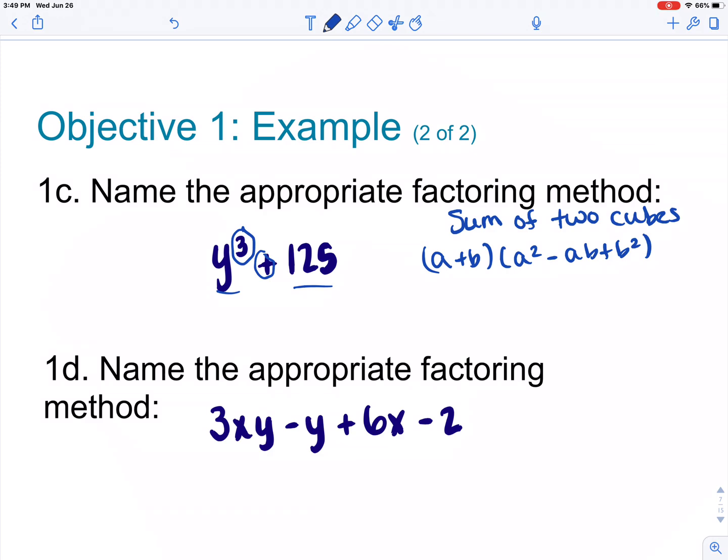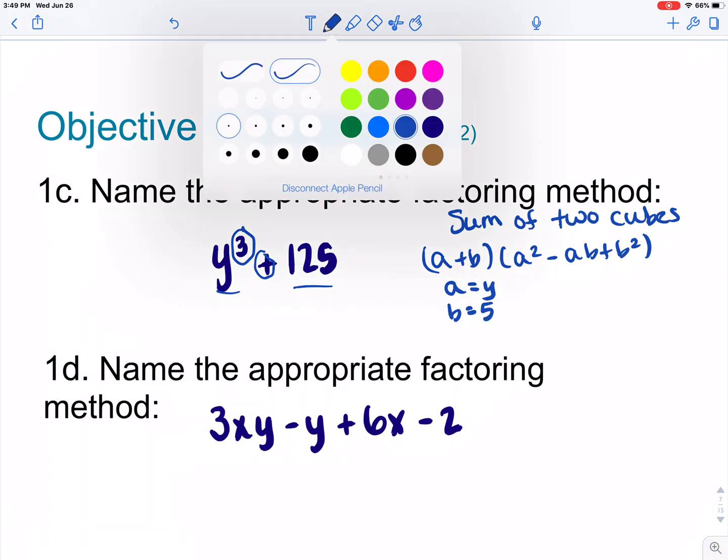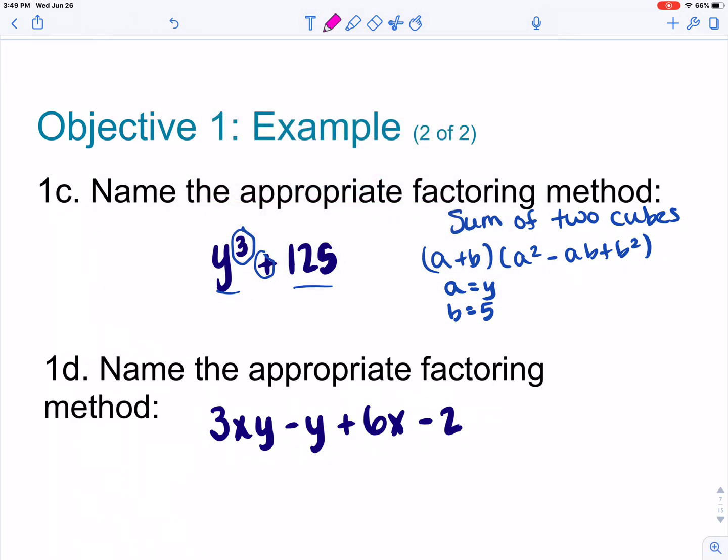So a would be y, and b would be the cube root of 125, which is 5. So my answer would be y plus 5, and then y squared minus a times b, so that would be 5y, plus 5 squared, which is 25. So that's how I would factor that one.